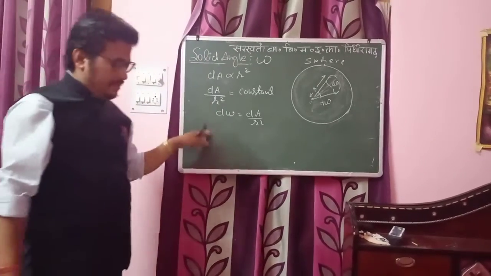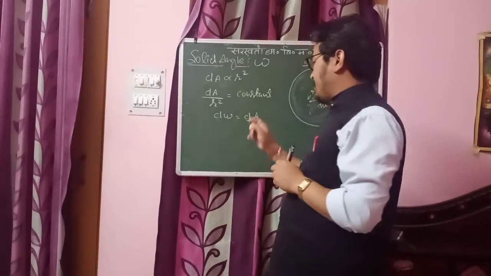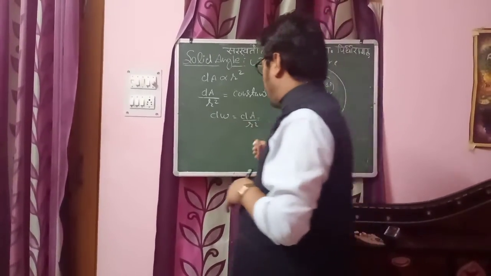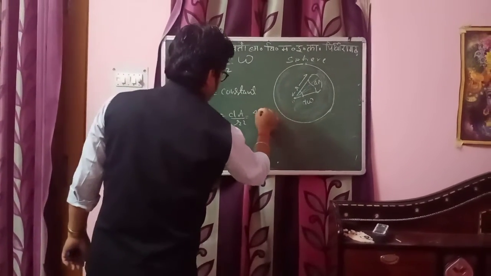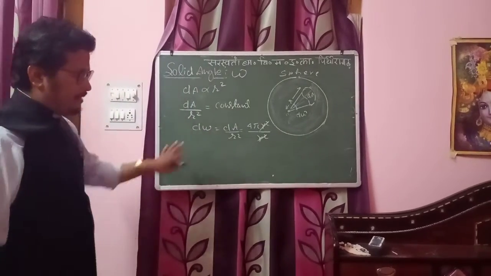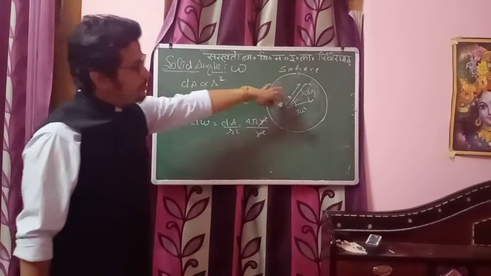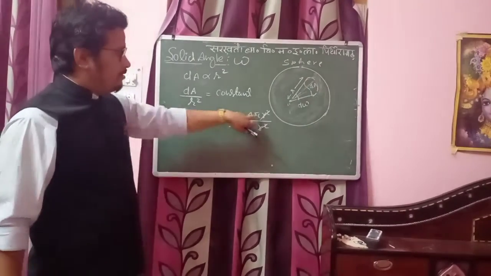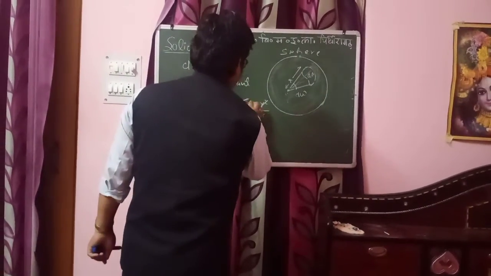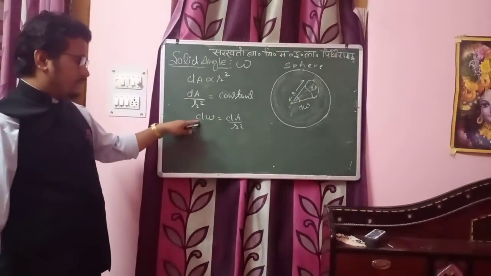Now the question arises, how can I say that this ratio is a constant? After placing the formula of area, in the case of the whole sphere, the area is 4 pi r square, and the r square cancels out. So the ratio of dA upon r square is a constant.